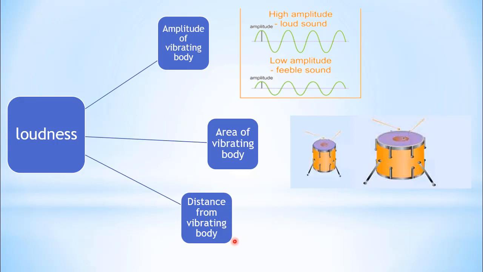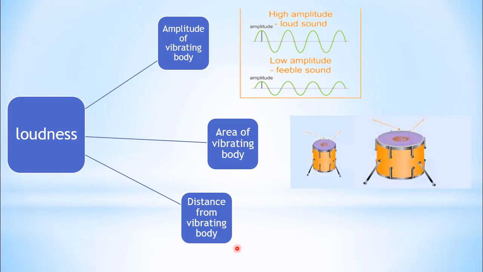Now, what is the distance from the vibrating body? If the distance from the vibrating body is large, we can hear a low sound, and due to the large distance, the amplitude decreases. So, we can say that the distance from the vibrating body has an inverse relation with the loudness of sound.